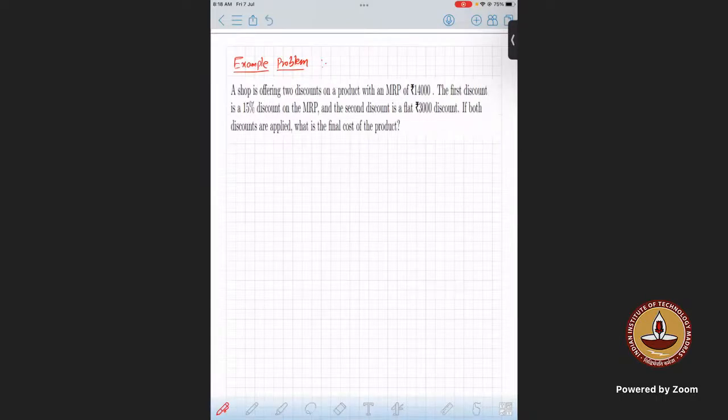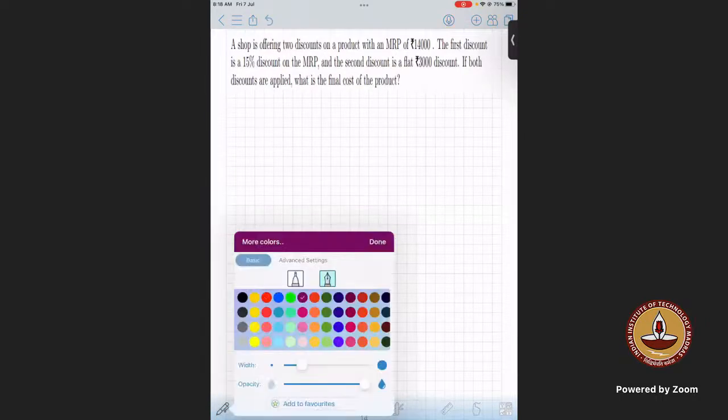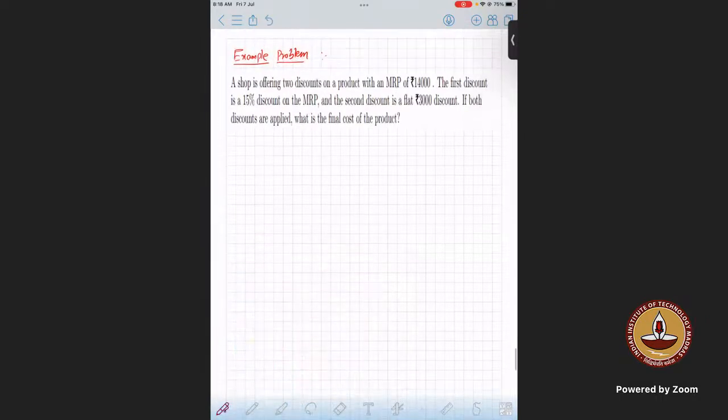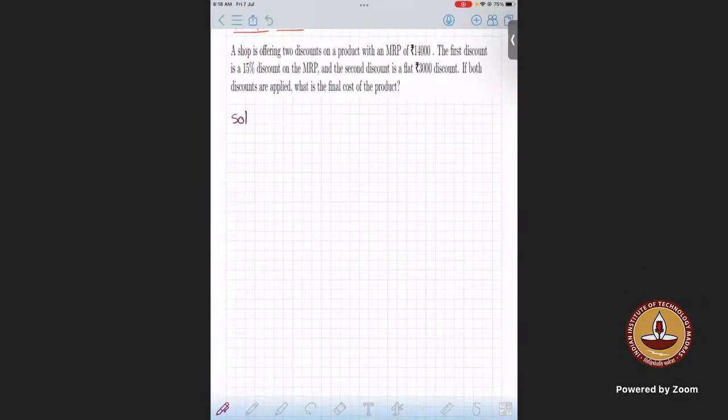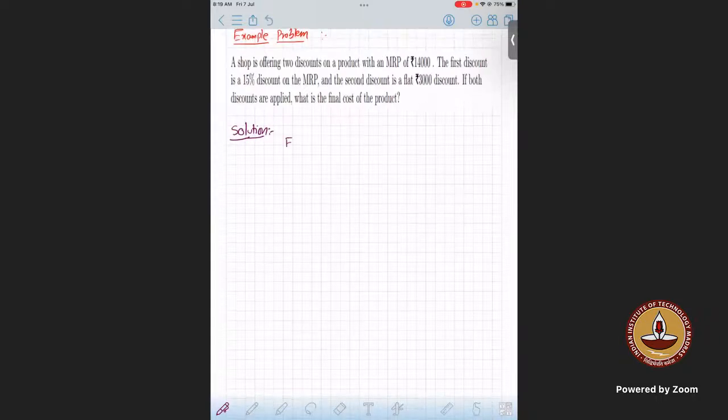Sir, 8900. Now I am solving this. Look, the first discount is 15%. First discount is equal to 15%, that is equal to 0.15.